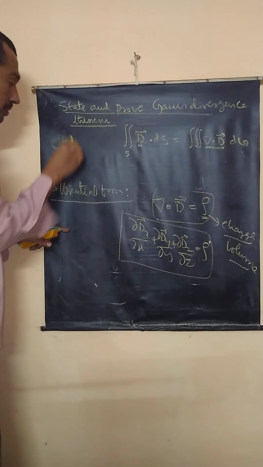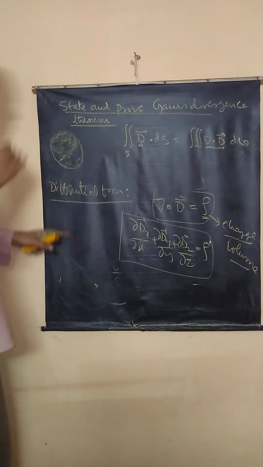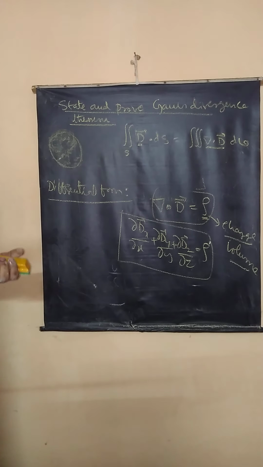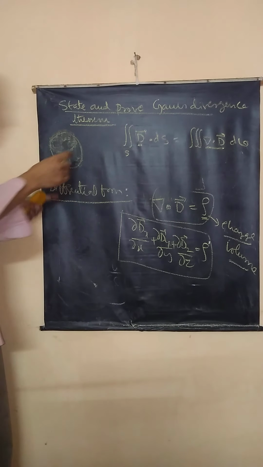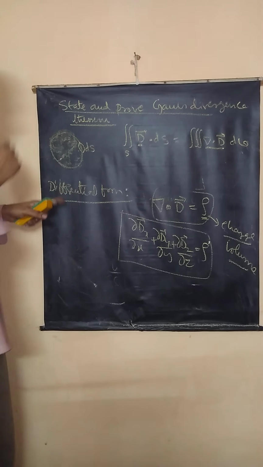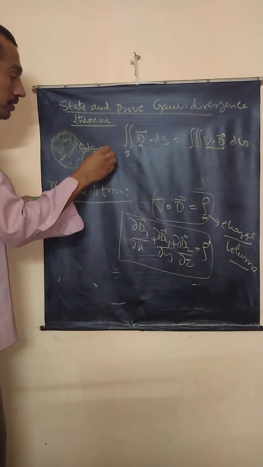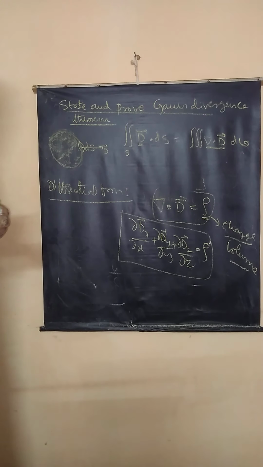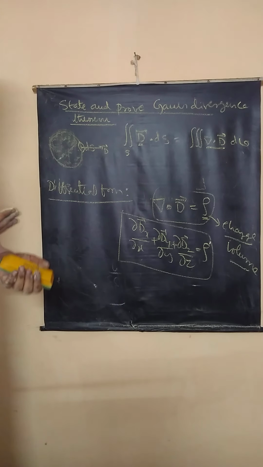Imagine this is a surface. See this? This is a surface. Spherical surface, cylindrical surface. It encloses some charge. Correct? Now a small surface element on that surface be ds. Correct? The vector D is this. Correct? So now it is not just applicable to electric flux.